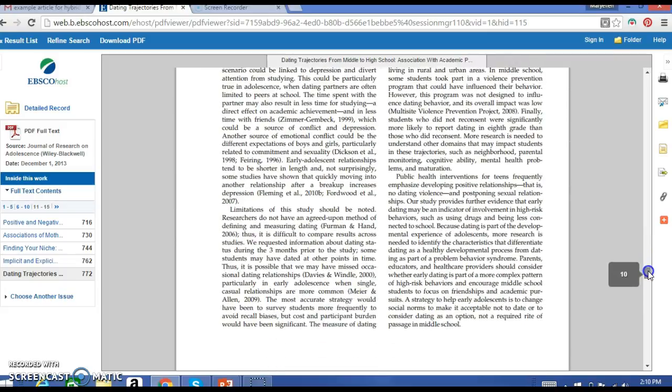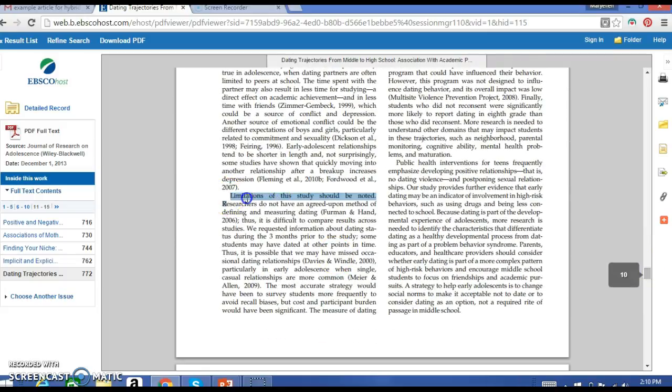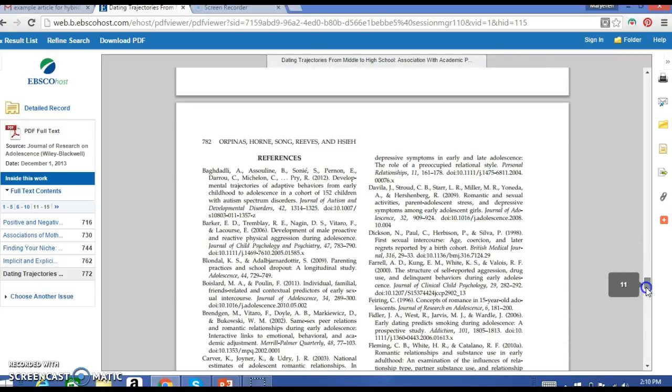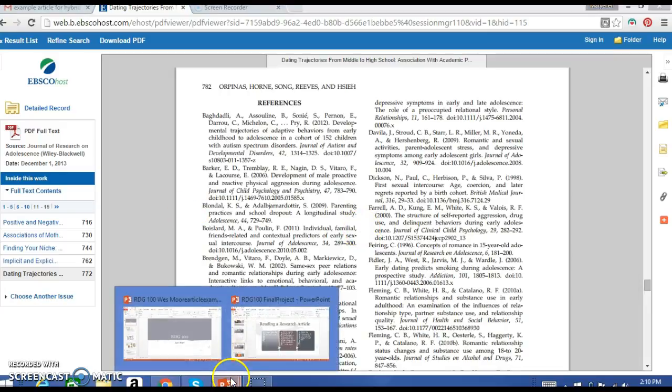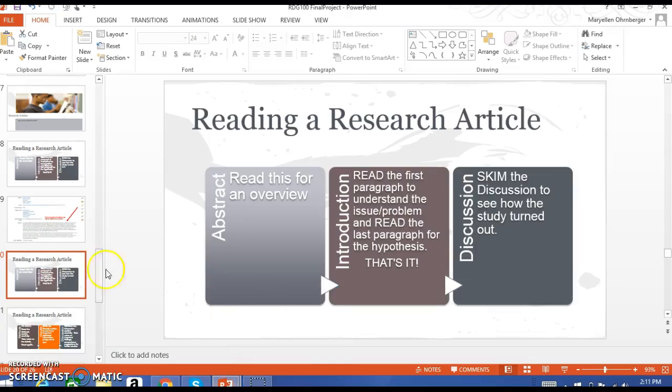And you can even see words like this, limitations of this study. So at the end of the discussion, they're going to talk about not only limitations, but perhaps suggestions for future research or suggestions in this case for public health, before they get to the references, which also can be very important. So that's the first thing you do.